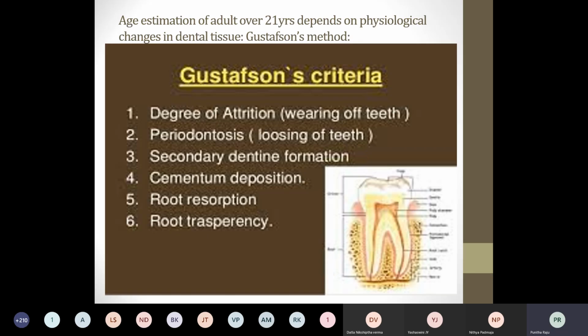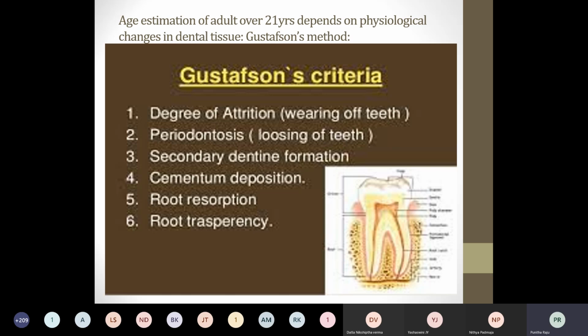The next most important one is Gustafson's method. This will be repeatedly asked in your theory and practical, and it is very, very important. You should know Gustafson's method whenever teeth are asked about. Based on the eruption of the teeth, you can tell the age of the person up to 21 years.